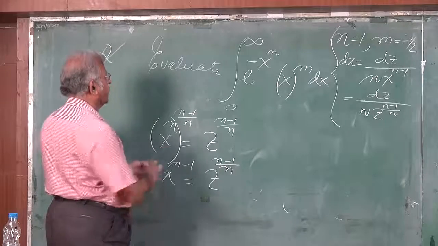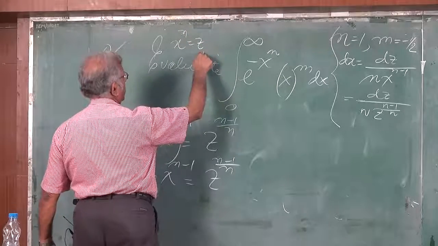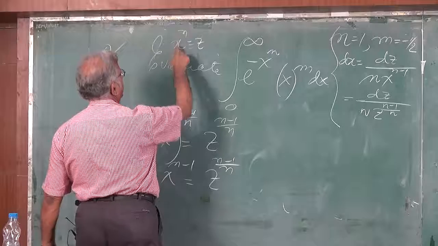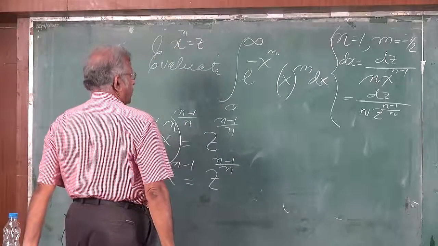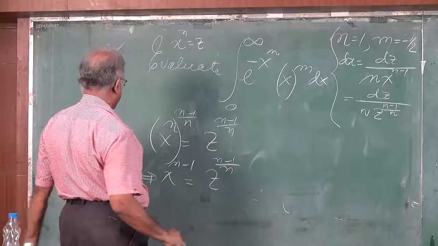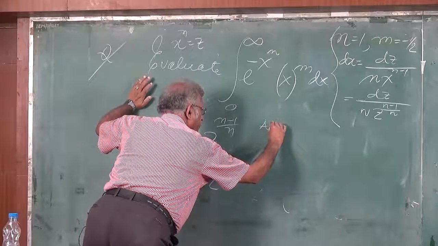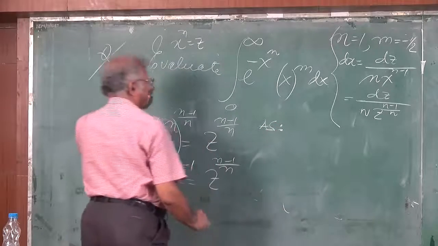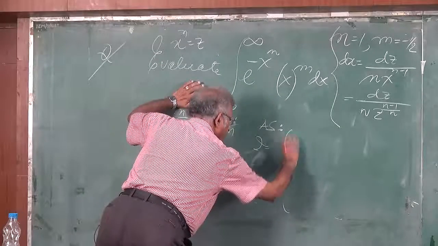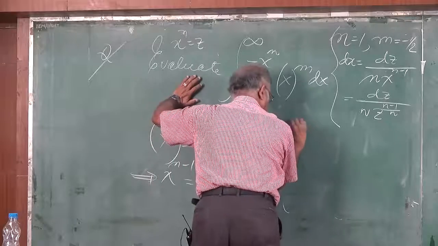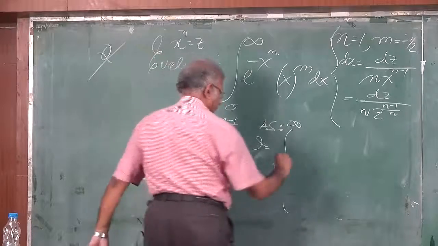The transformation was x to the power of n is z. So, the upper limit will also be infinity, and when x is 0, z is 0. So, after substitution, we can get the reduced integral. After substitution, what we get is the same limits, 0 to infinity for z, e to the power of minus z.